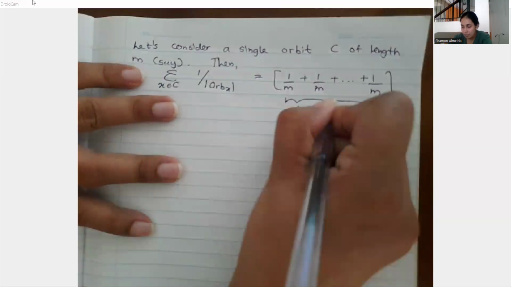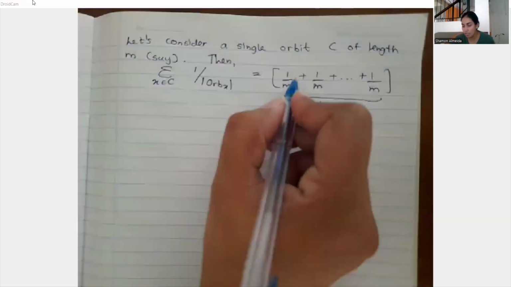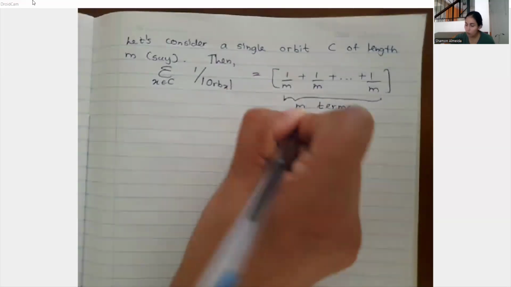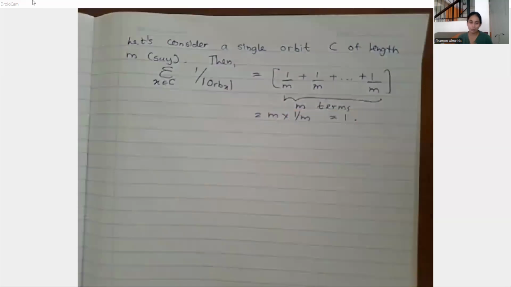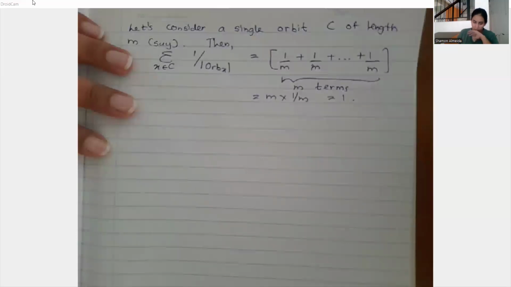M terms, because there are M number of elements. So in the summation, we have M terms. So this becomes M times 1 over M, which is simply equal to 1. Right?